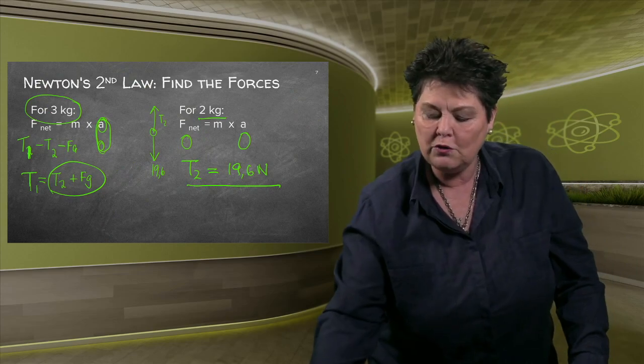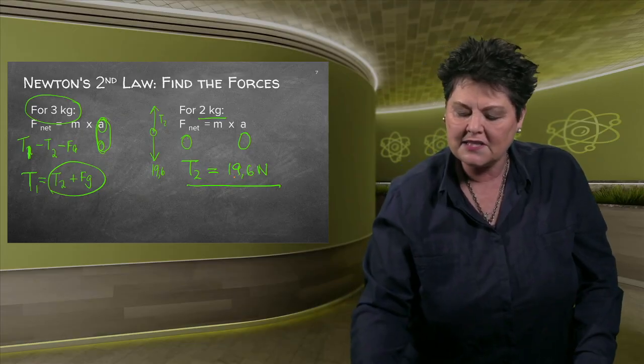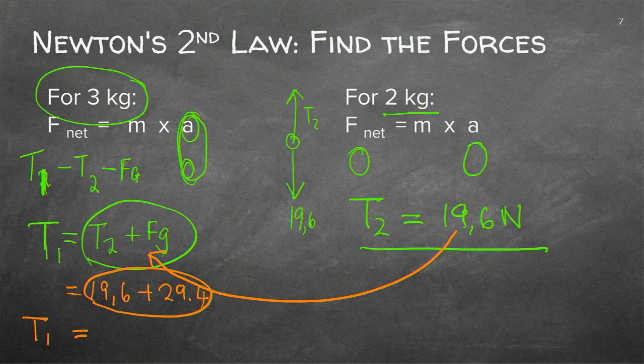And what you can do now, and we'll do an example just later on, we can actually substitute that 19.6 in this value. And we know that gravity was 29.4. And can you now see how I can calculate T1? T1 is the sum of those, which if you add them together will give you 49 Newton.